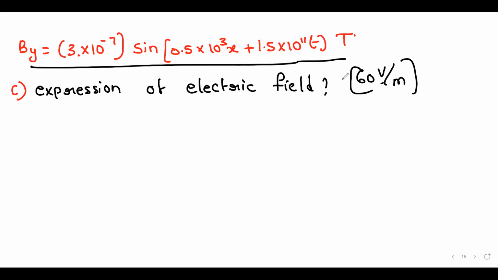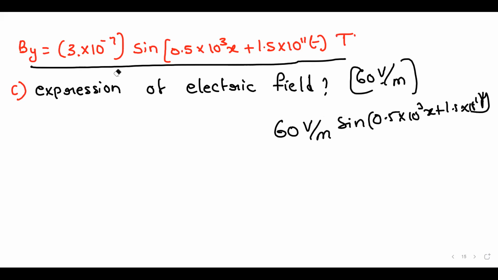So here, see. Sine of (0.5 into 10 to the power of 3 x plus 1.5 into 10 to the power of 11 t), sir. Did you take B naught as 2? Did you take it as 3 or 2? I took it as 3 here. Fine. It's 2, sir. Okay, take it as 3.